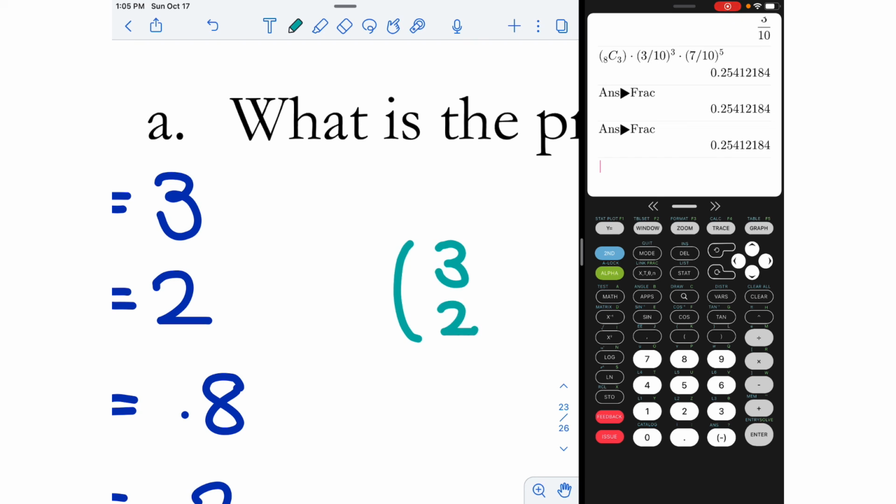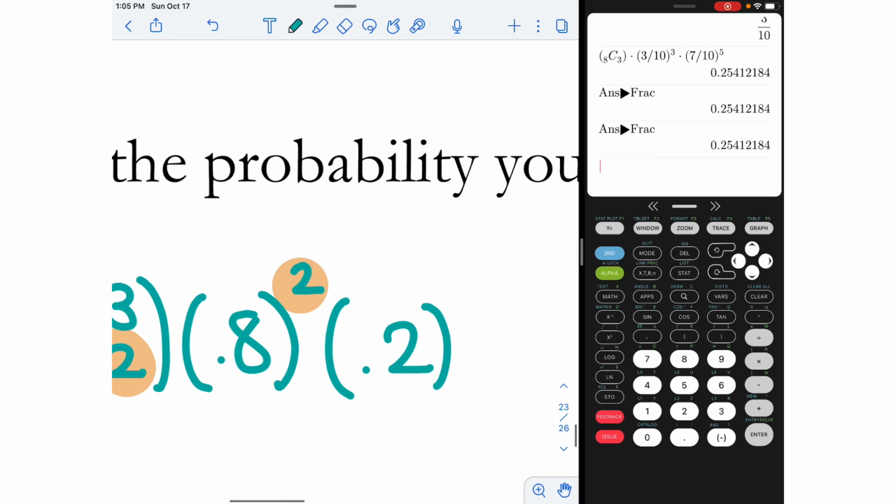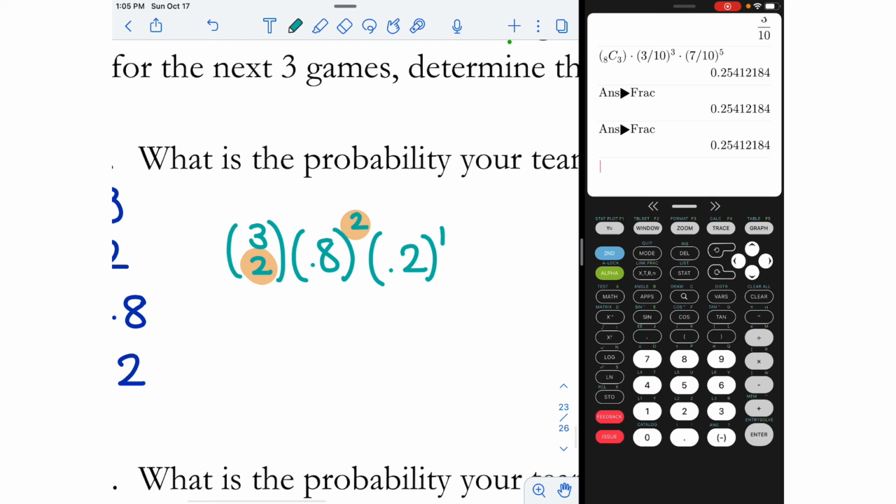3 choose 2 times 0.8 to the second, these need to match, times 0.2 to the first, because 2 and 1 have to add to 3. Okay, type it in. That's it.